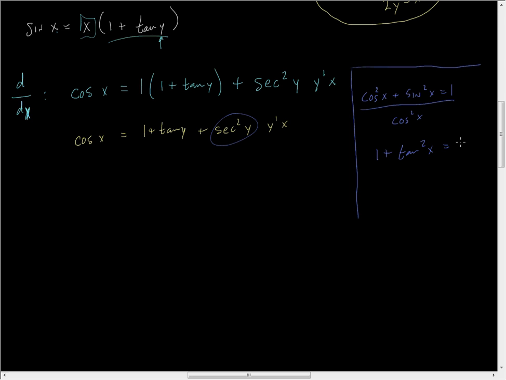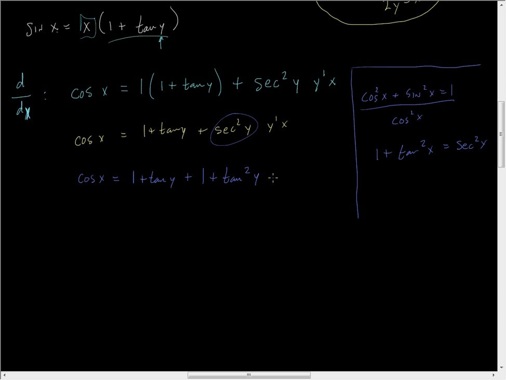Okay, so now I can take the cosine of x is equal to 1 plus tangent y plus, and now if I see a secant squared, I can put 1 plus tangent squared y times y prime x.